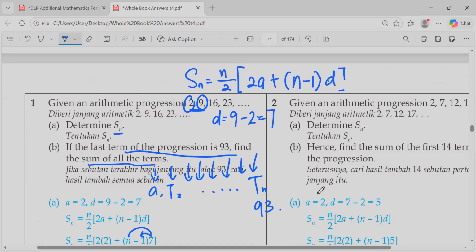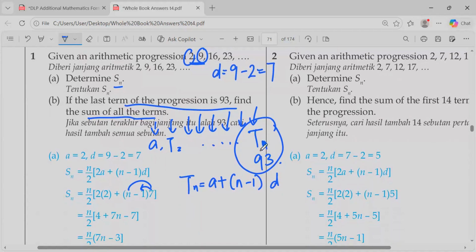Then we have learned last time, if we want to find n, we find it using the formula for the last term: a plus (n minus 1)d. Substitute the last term 93. a is equal to 2, n I am not sure, d is 7.